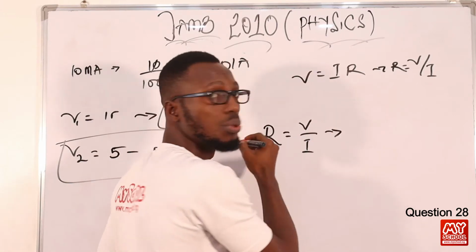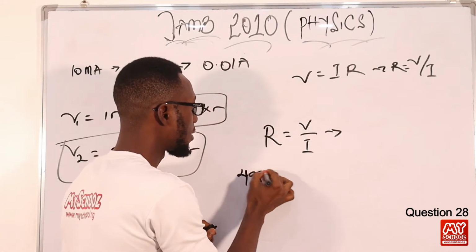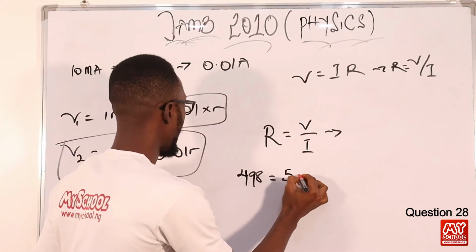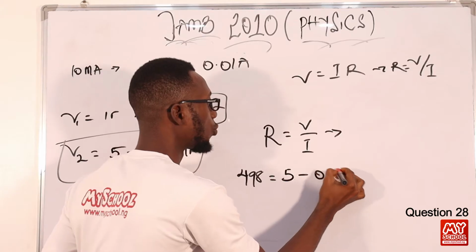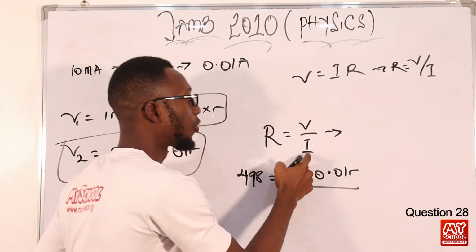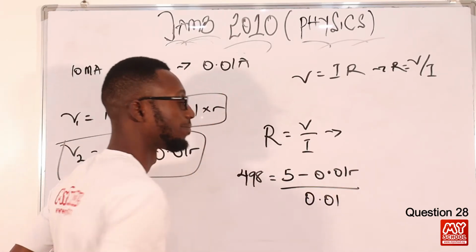So what I'm going to have here is my R, given as 498, equals my V, which is 5 minus 0.01 R, the small resistance, over the current that actually passed through, which is 0.01.